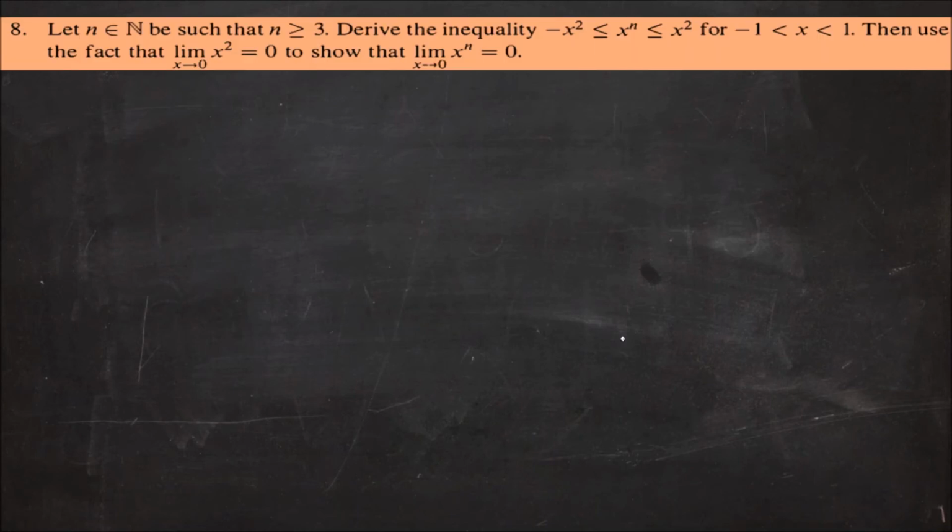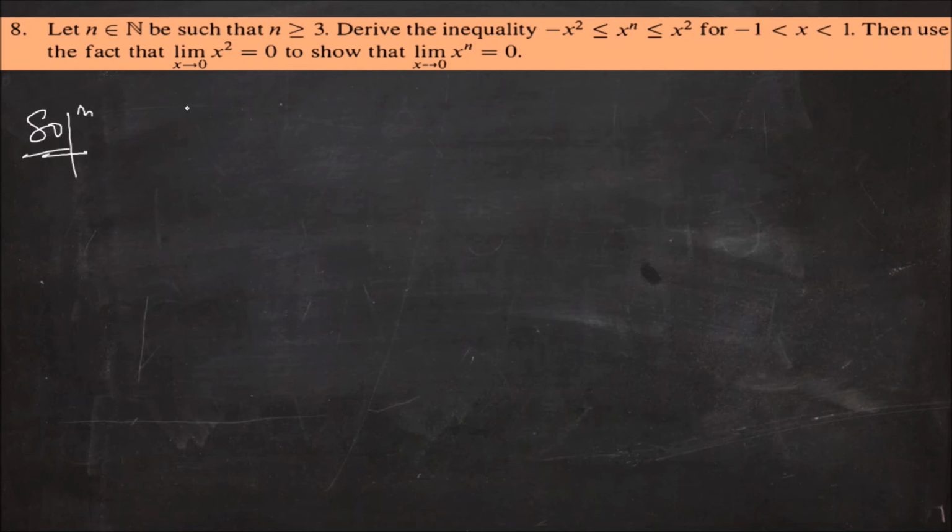So in question number 8, I have to first prove the inequality that minus x square is less than equal to x^n is less than equal to x square for all x belonging to [-1, 1], and then I have to use this inequality, and the fact that limit x tends to 0 of x square is equal to 0, to show limit x tends to 0 of x to the power n is equal to 0. So let us start.